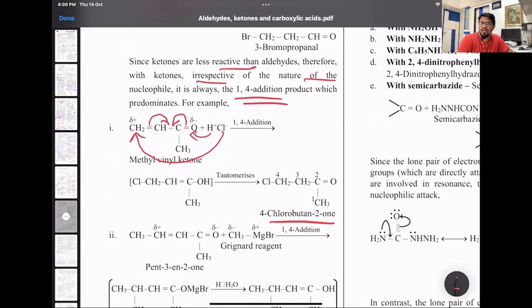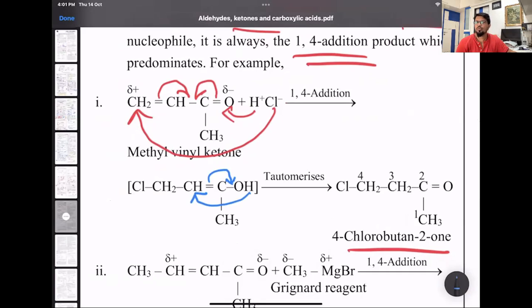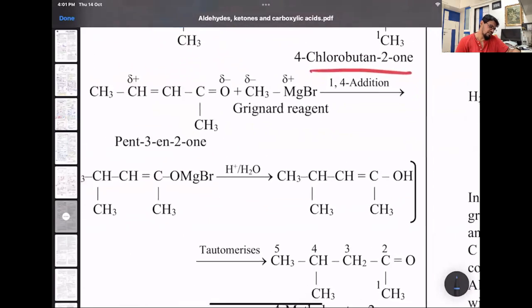I hope the tautomerism part is clear to everybody. Understand the tautomerism very well. Those who are not clear, this double bond will move here, and this H will move here. You get the compound 4-chlorobutanone. Same way other examples are given there.